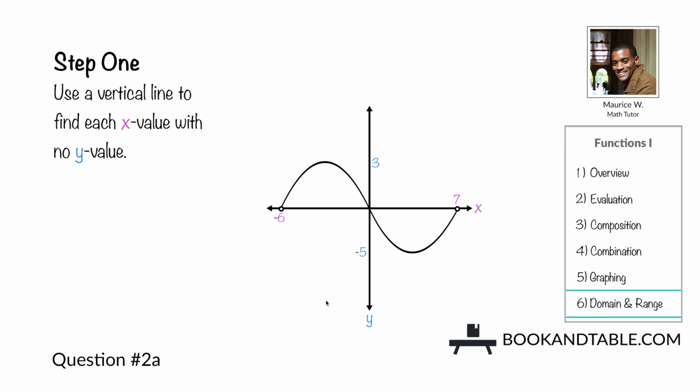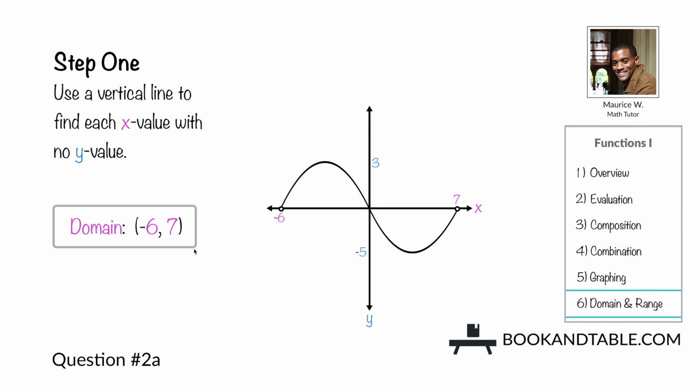Let's now have a look at question number 2. So question 2a, we are finding the domain of this graph. So we will start at the left side, and we see where x is equal to -6, there is no y value. We continue with the vertical line, and we see that all y values are accounted for until we reach x is equal to +7.